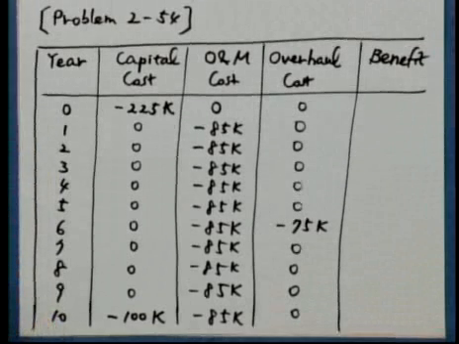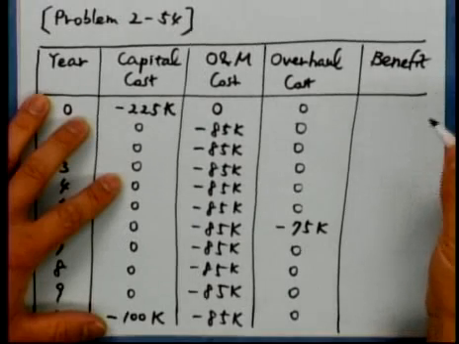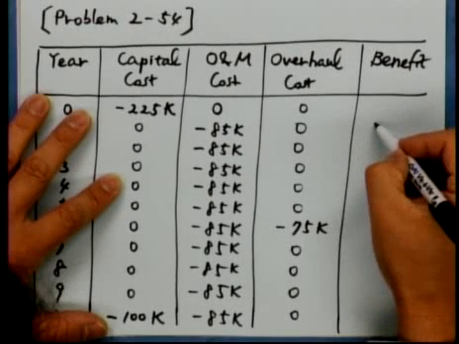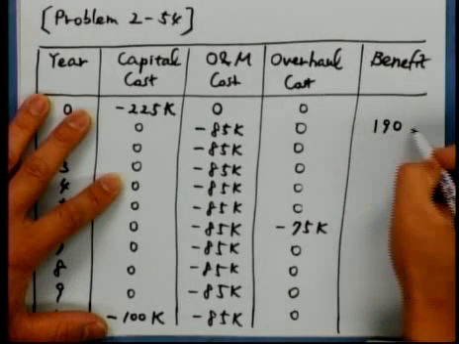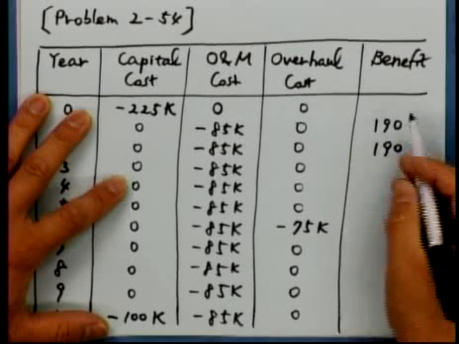Okay. And the benefit would be estimated as $190,000 annually. So you need to put 190K at the end of each year.